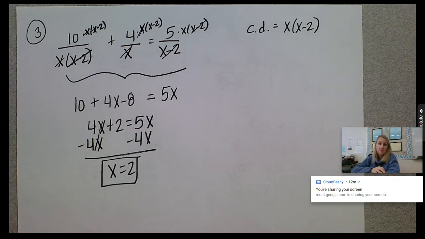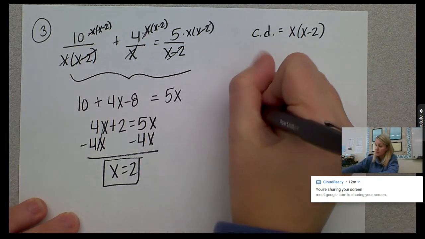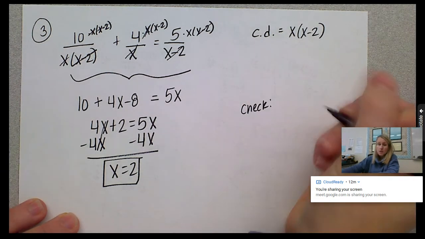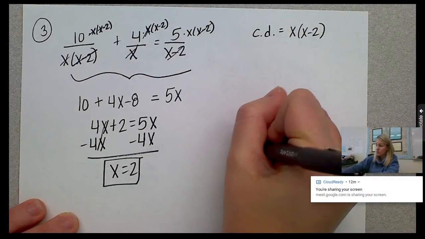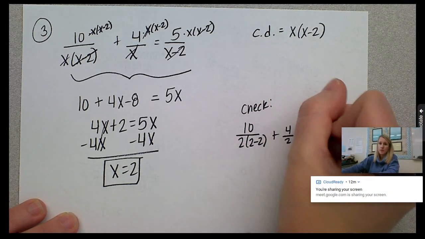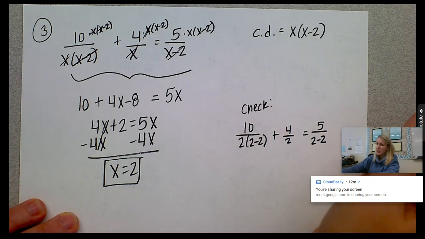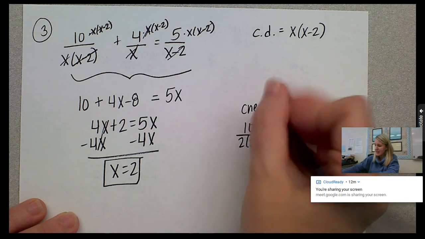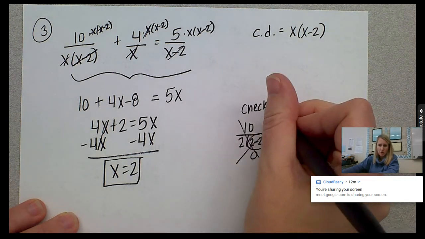All right. So we're going through, we're doing that fine. We found an answer, but we're not done because we always need to check our answer. So when I go to plug it back in, I have 10 over 2 times 2 minus 2 plus 4 over 2 equals 5 over 2 minus 2. And I'm getting a little worried because I have a 0 in the denominator, which is bad news.